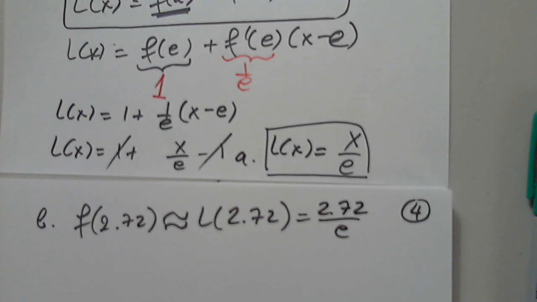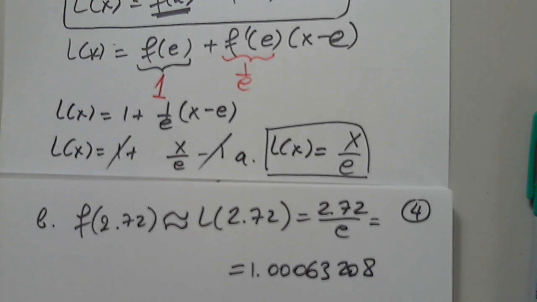And this I will approximate with a graphing calculator. And I will divide by e. Here it is. So this is approximately 1.00063208. Now, when I plug in the function, because it's going to ask us 2.72, I have to get a number very close to this.